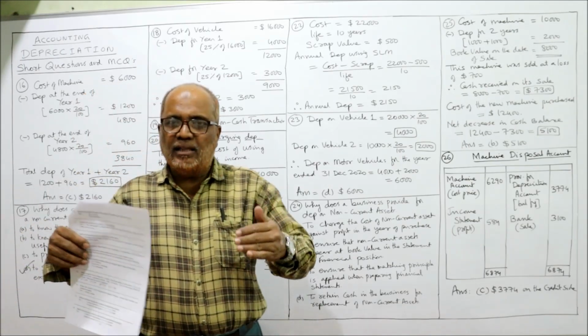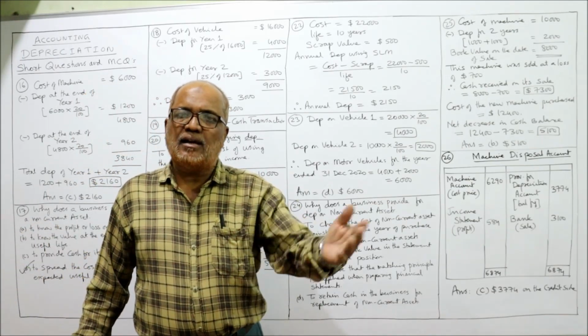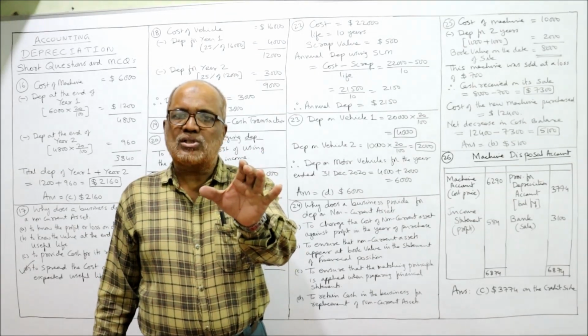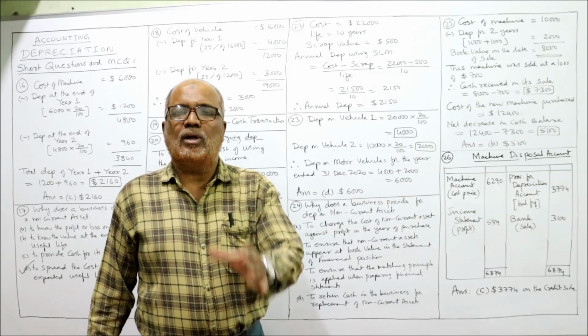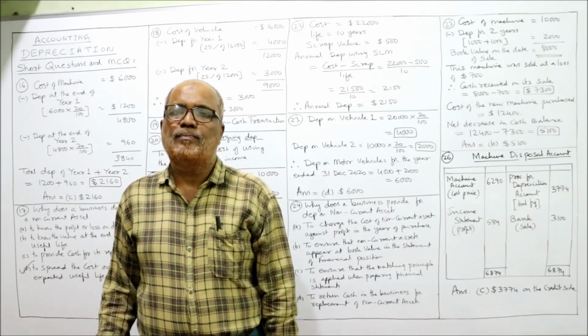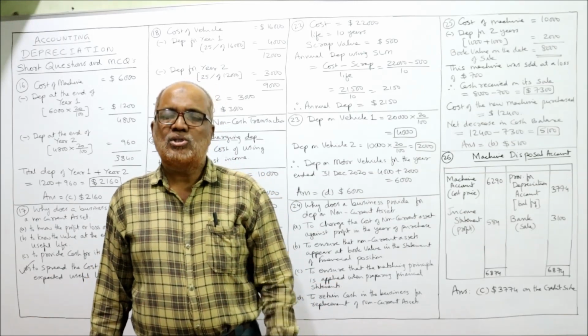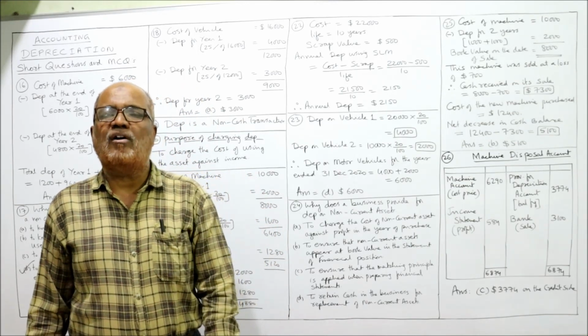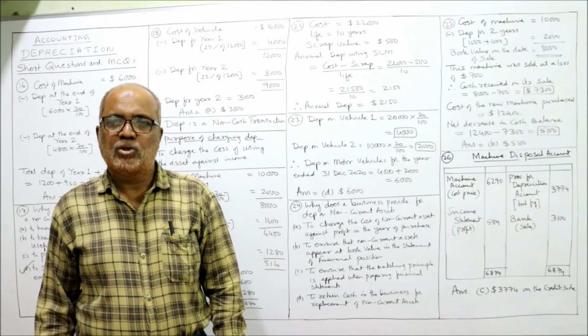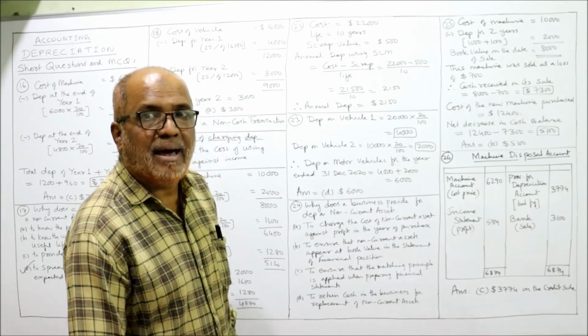In order to earn the revenue, costs are incurred. So every cost, whether cash cost or non-cash cost, should be considered. Depreciation is also one of the costs, a non-cash cost. So we charge depreciation to comply with the matching concept.